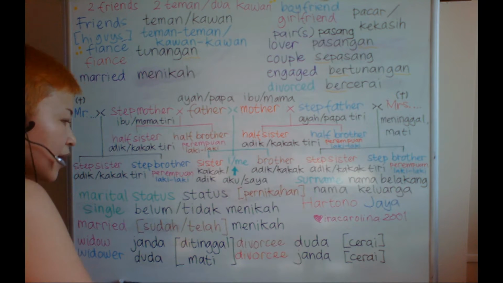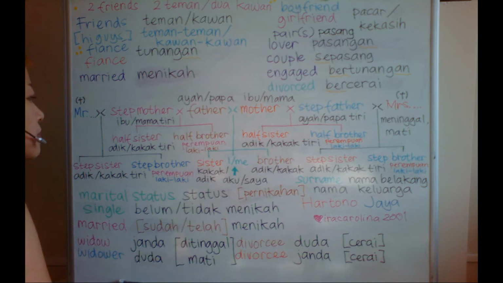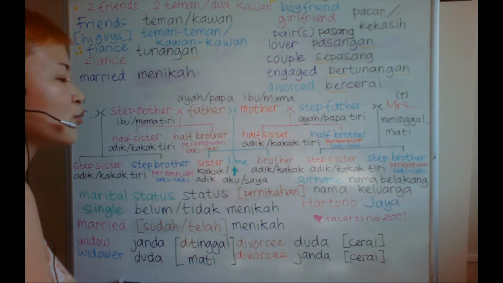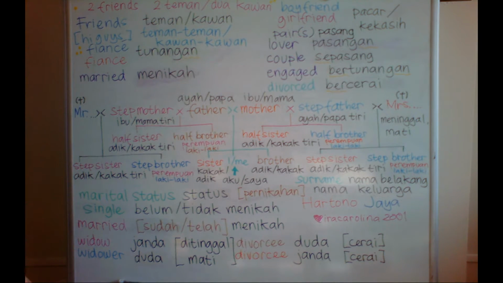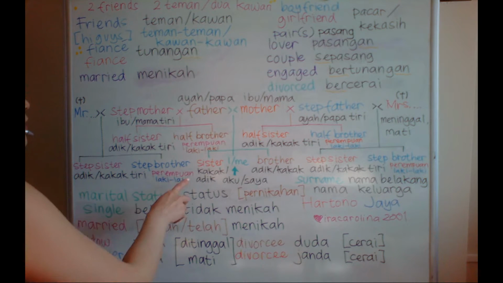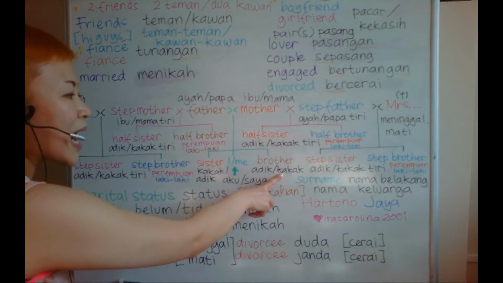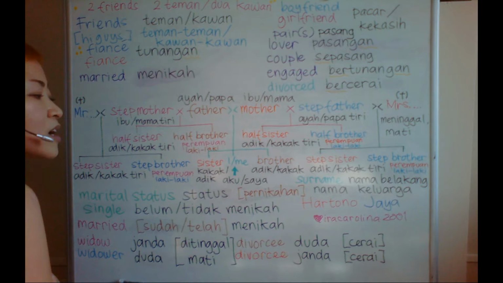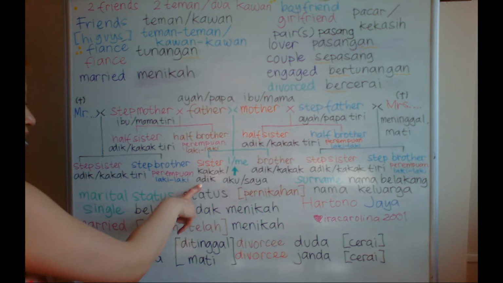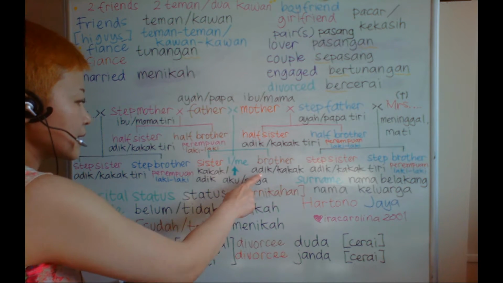In Indonesian language, for sister and brother, we have specific words for older or for younger. Older, kakak. Younger, adik.